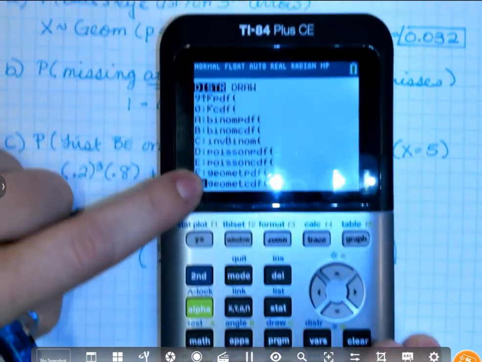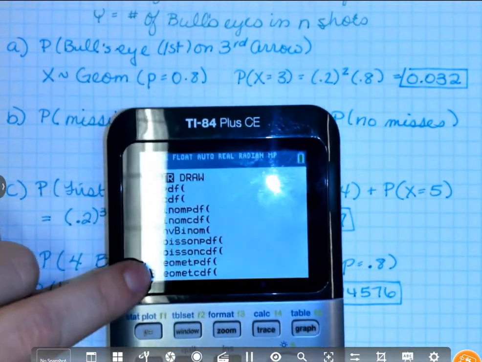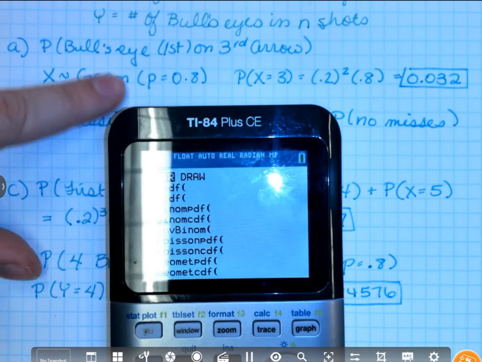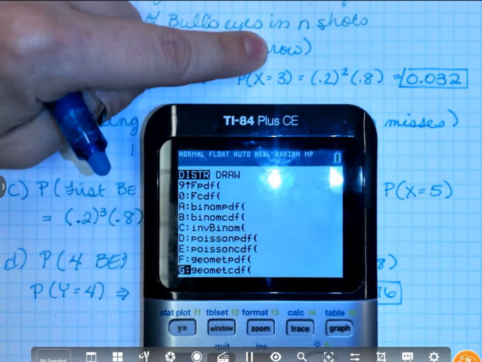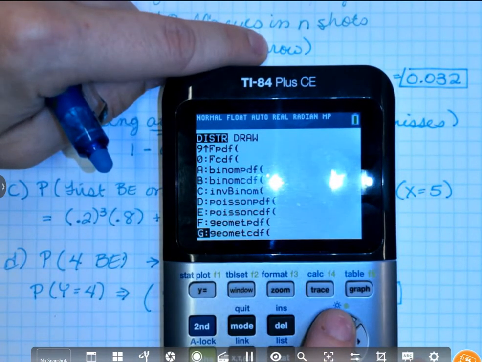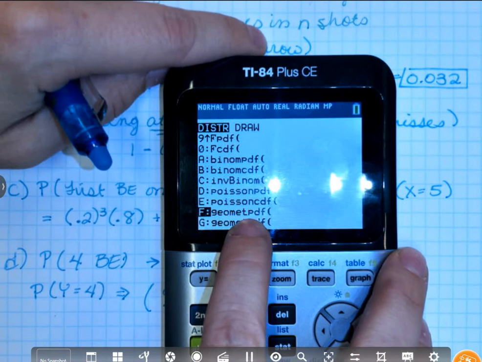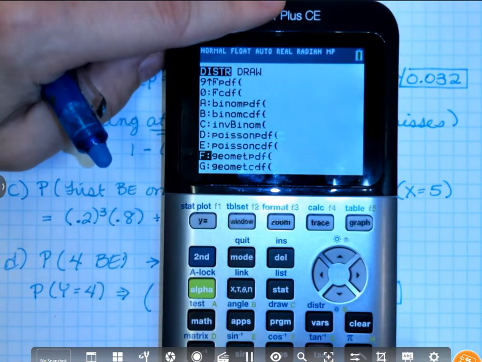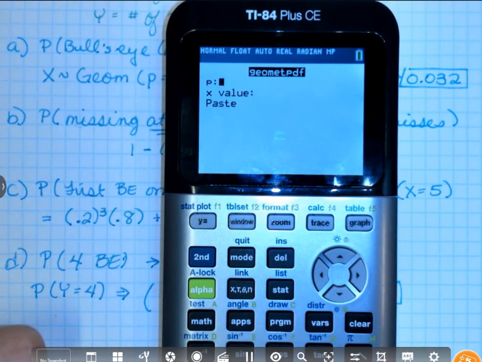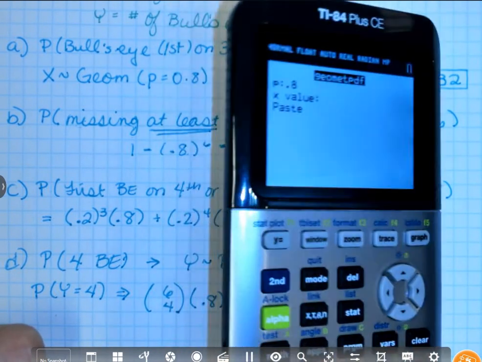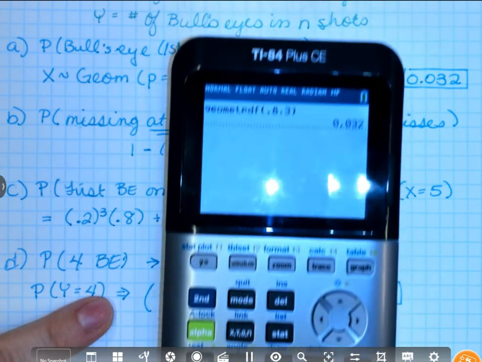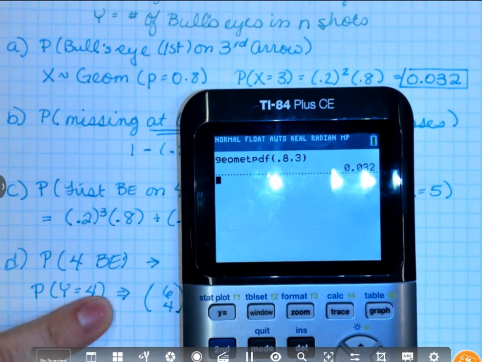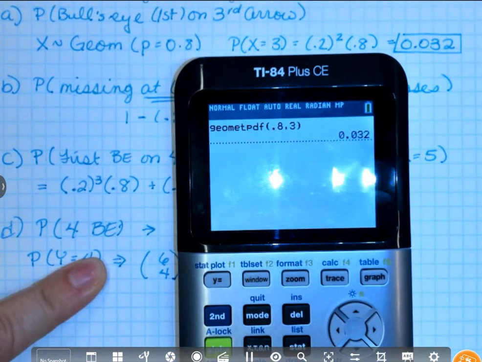I want to show you something that we've done. A was geometric, right? We had exactly one value, correct? So that means geometric PDF. I'm going to do geometric PDF where the probability of success was 0.8, and I was looking for that success to occur on the third arrow. Do you see what I see?